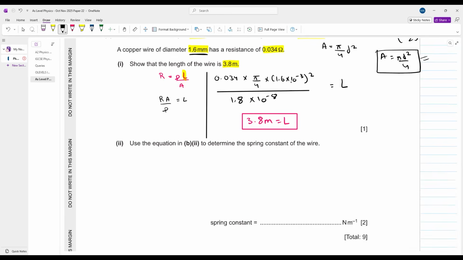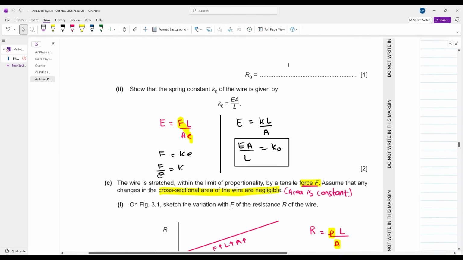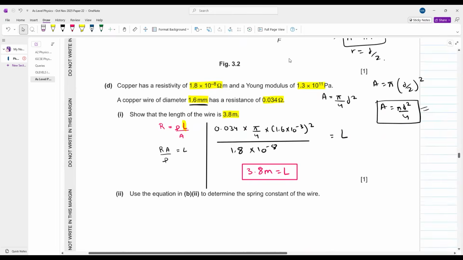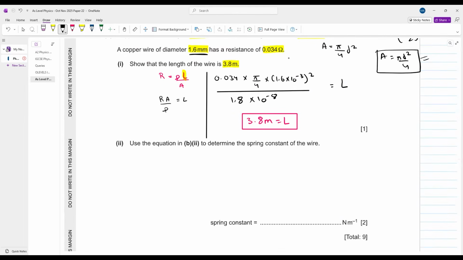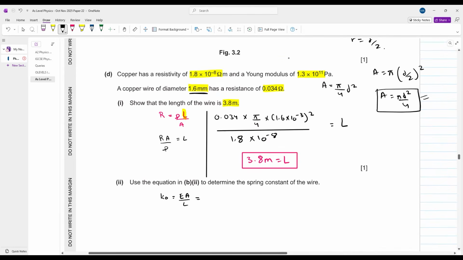Okay. Use the equation in B part 2 to calculate the spring constant of the wire. You have to calculate the spring constant of the wire. Which equation is it? This one: EA divided by length. The spring constant is equal to EA divided by length. What is the Young's modulus? 1.3 10 raised to the power of 11. What is your area?